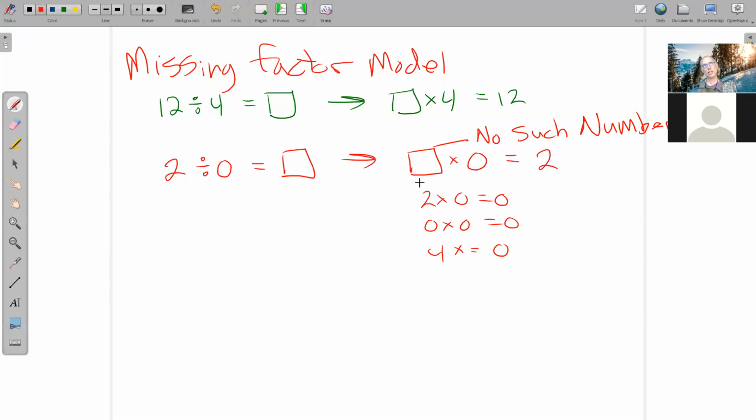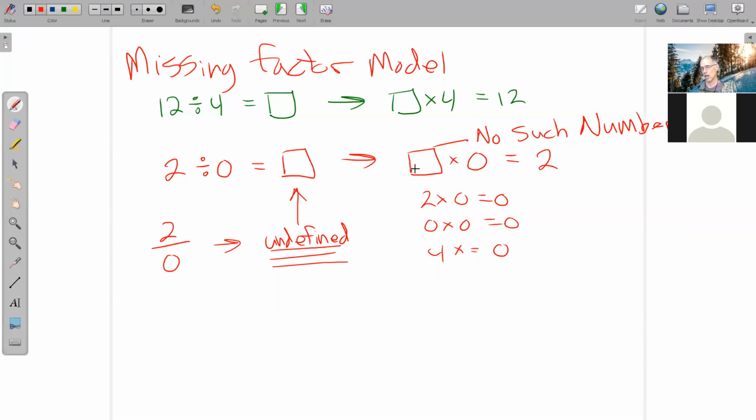And Desmos said the answer to this was undefined. Because we can't define a number that makes this work. Anything times 0 is 0, never 2. And so that's why this is often called undefined. If I try to take some non-zero number and divide by 0, there's no multiplication that works.